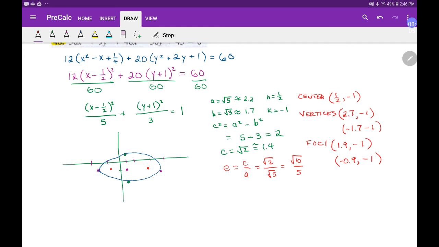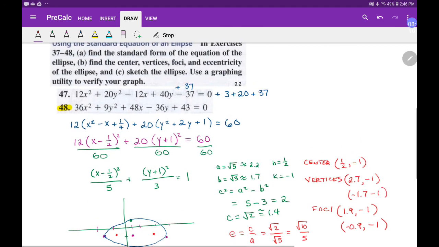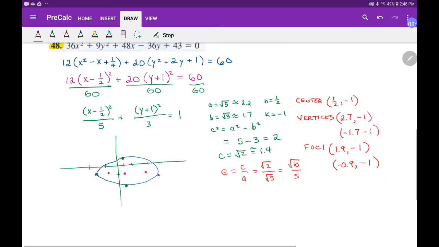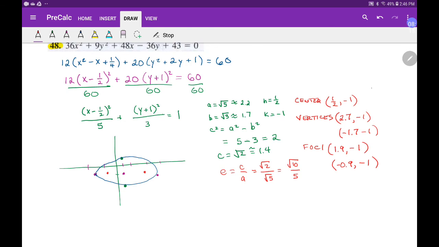Okay? Right. And anything else? And we sketched it. We kind of sketched it. Okay. That's our ellipse.